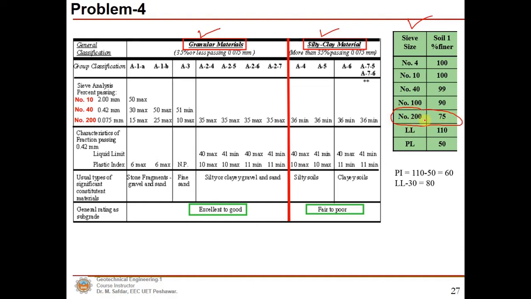It's 75. Is it less than or greater than 35%? It is more than 35% passing, so definitely we can omit this portion of the granular material. So we can start from here and then move on.